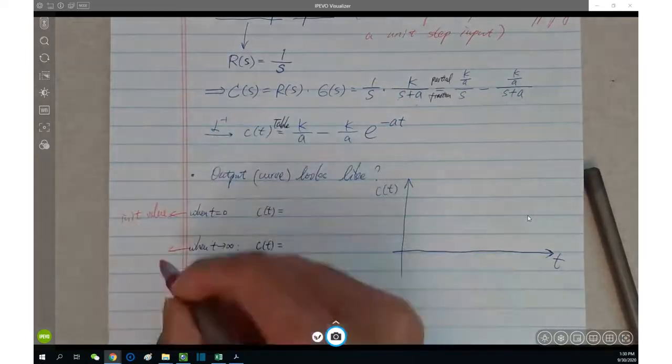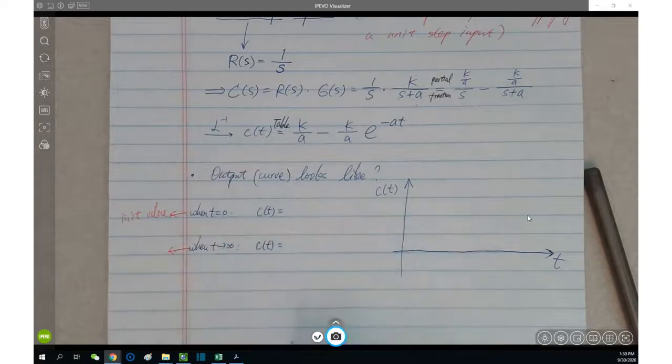Then when t is approaching infinity, what is this output? Well, all the transient terms, which are the e to the negative power, will go to 0. No, I'm not asking for the value yet. When t equals 0, c of t is the initial value.